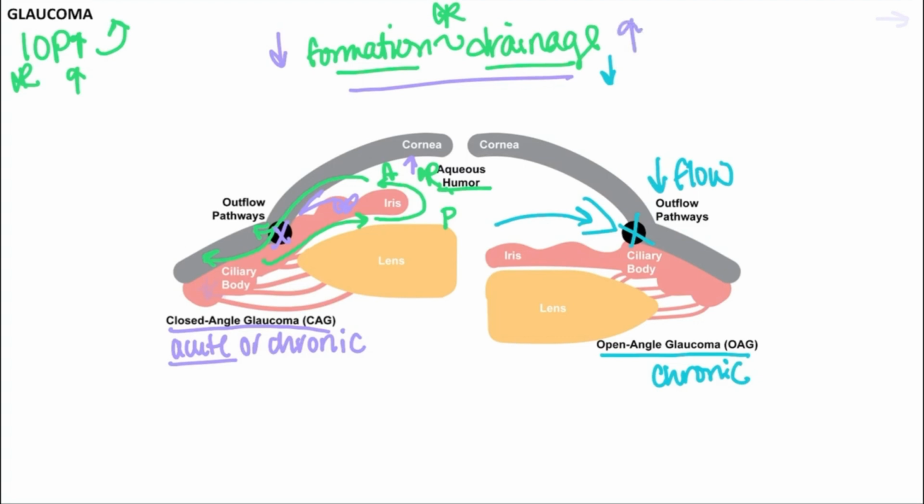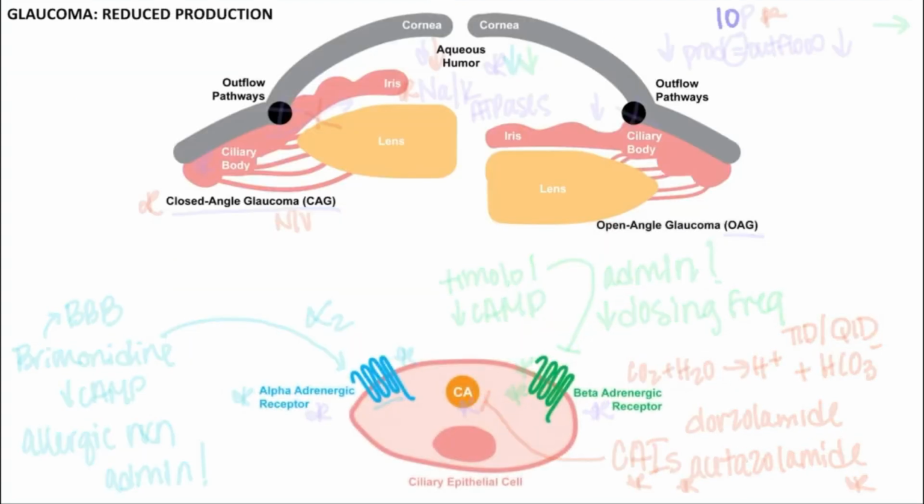So we will start at the ciliary body and treatments aimed at reducing aqueous humor production. So moving to our next slide. In our equation to balance our intraocular pressure, our production of aqueous humor is equal to the outflow.